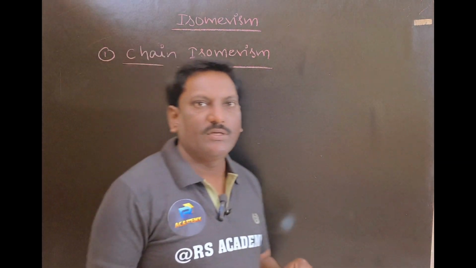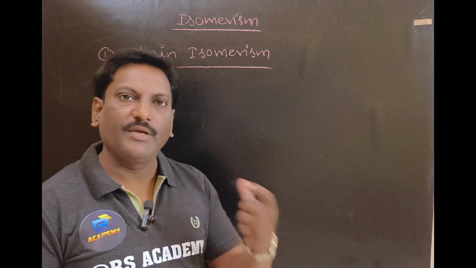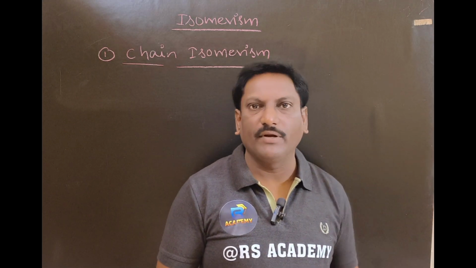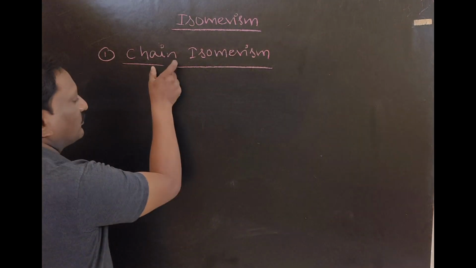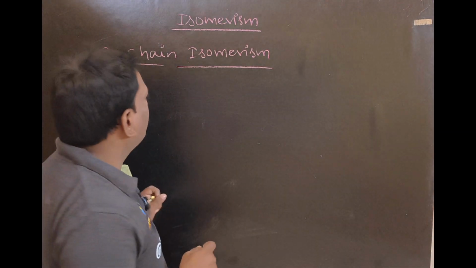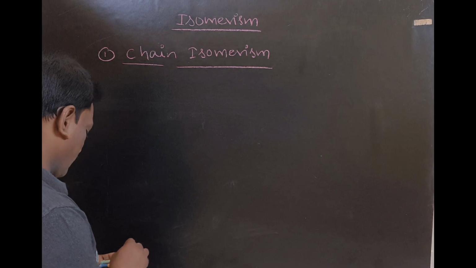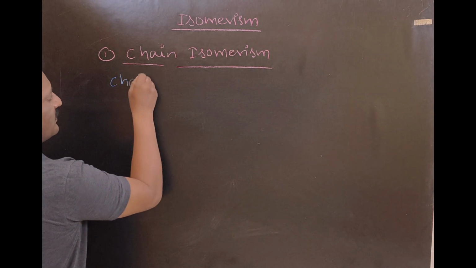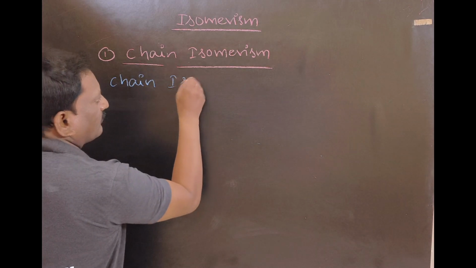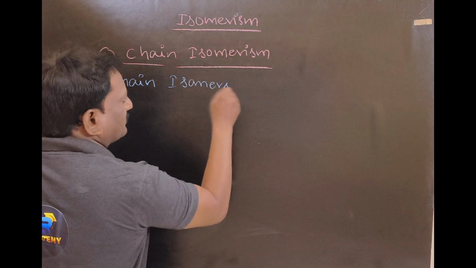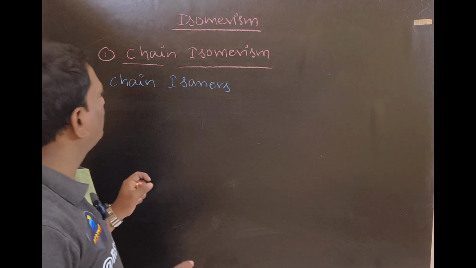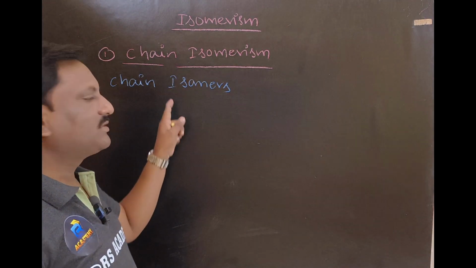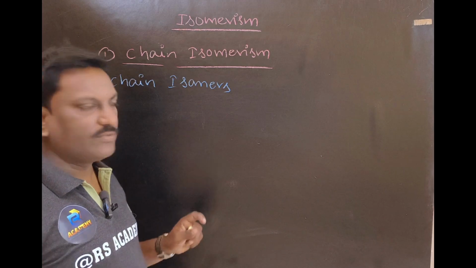Chain isomers have same chemical formula but different parent chain. This phenomenon is called chain isomerism. Let us talk about what is chain isomerism and examples.